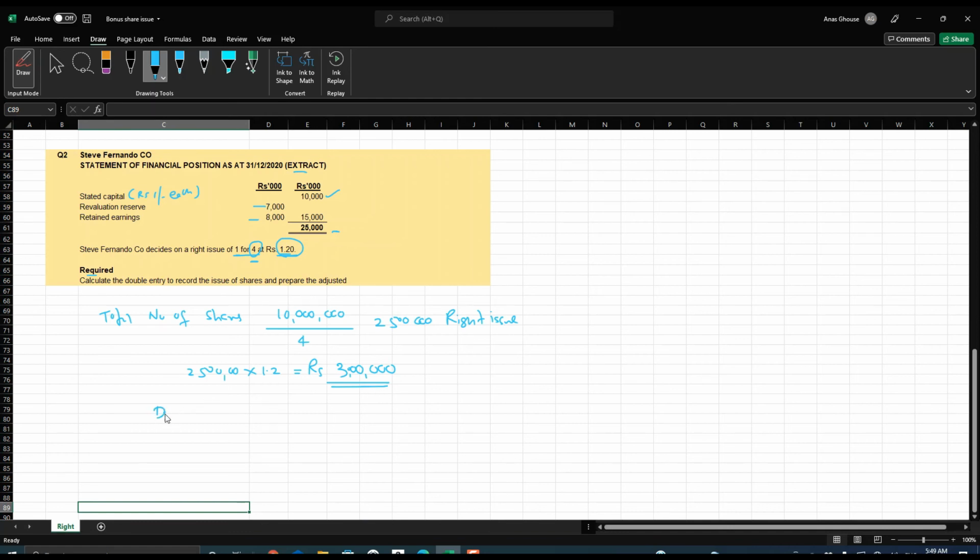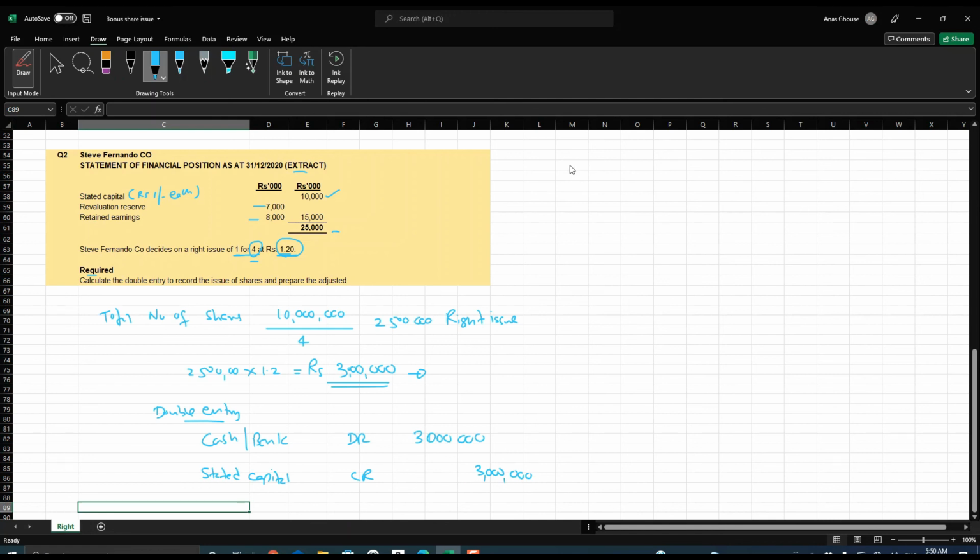So what is the double entry for this? When you issue rights, the company will get cash. So the cash or bank account will be debited by 3 million and stated capital will be credited by 3 million.